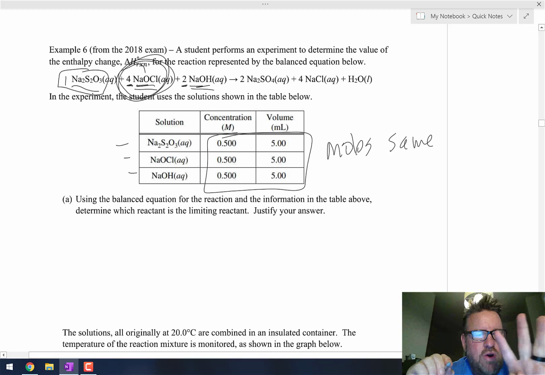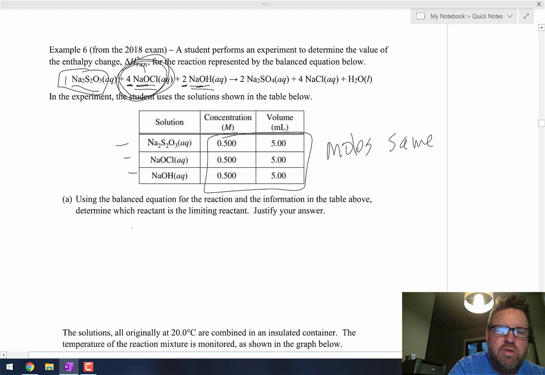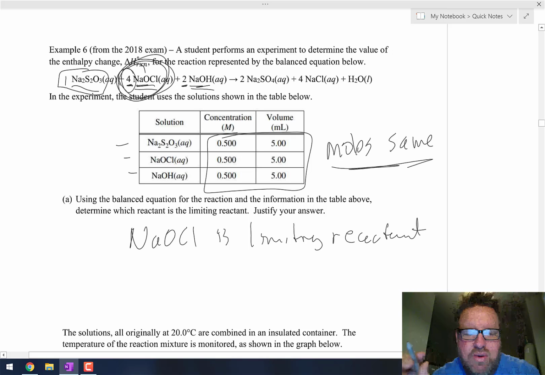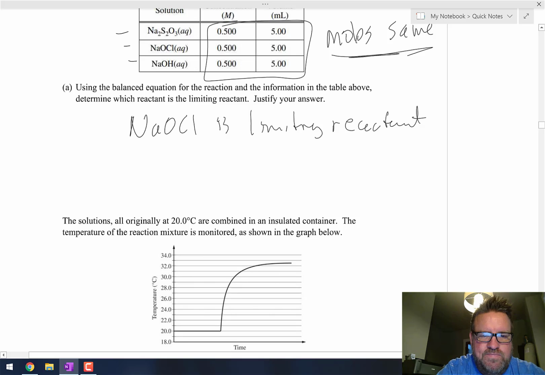So 4 moles of NaOCl react for every 2 NaOH's and every 1 Na2S2O3. Therefore, NaOCl, without even doing any math, is the limiting reactant. And you would explain that by saying, since the moles are equal, and there's a 4 in that balanced equation, it's going to be the limiting reactant.